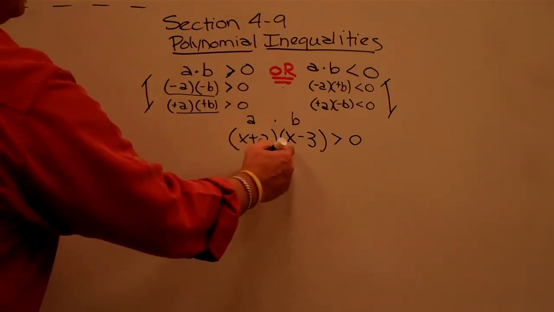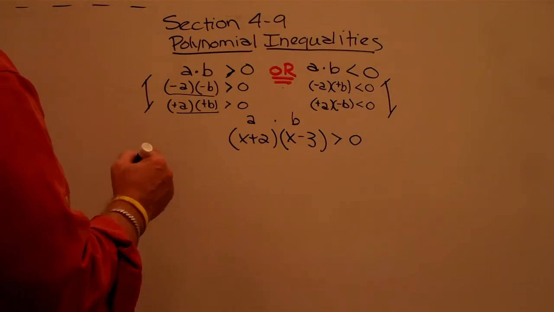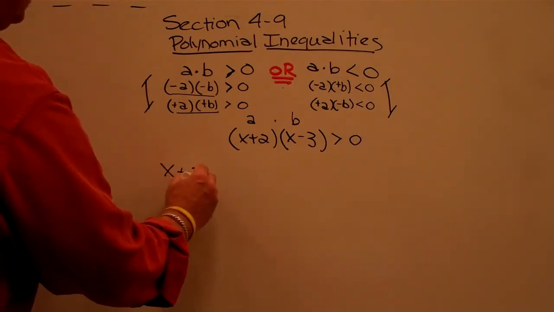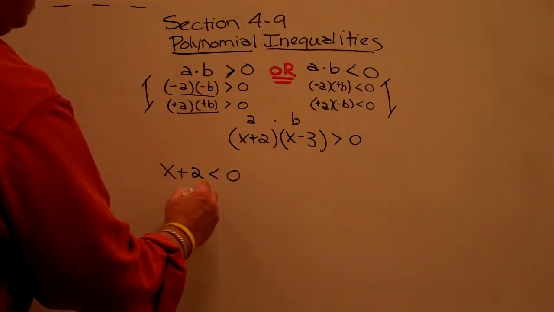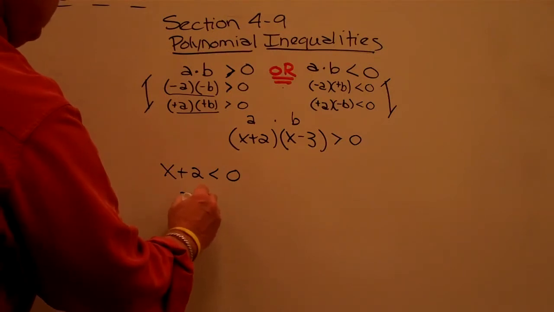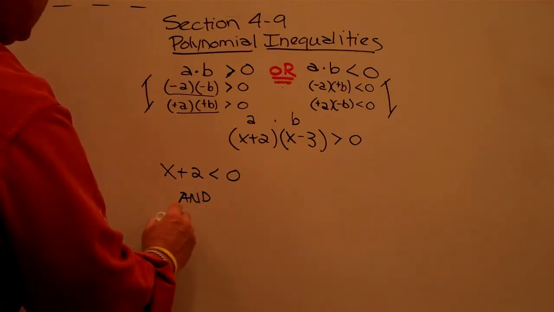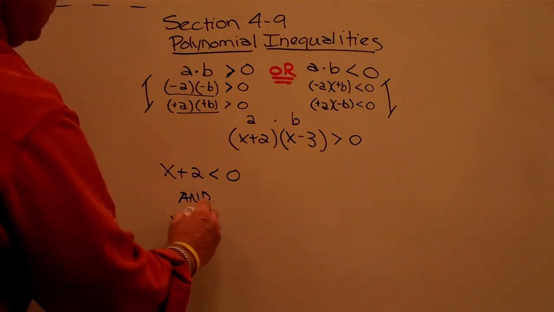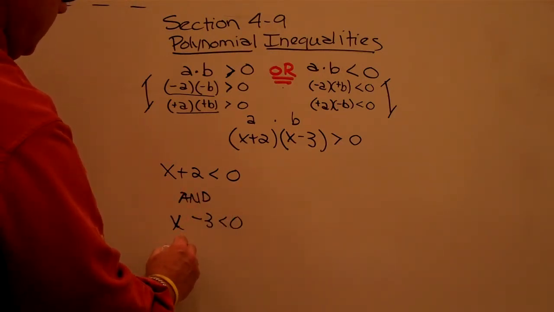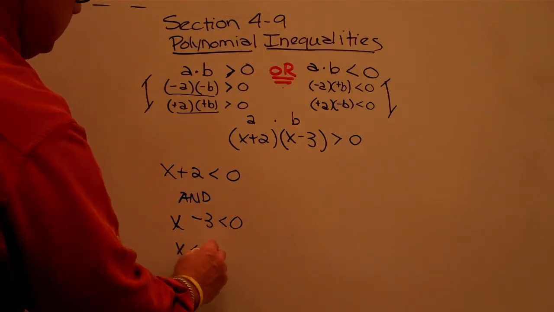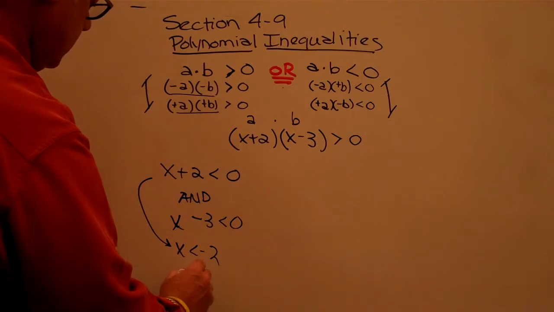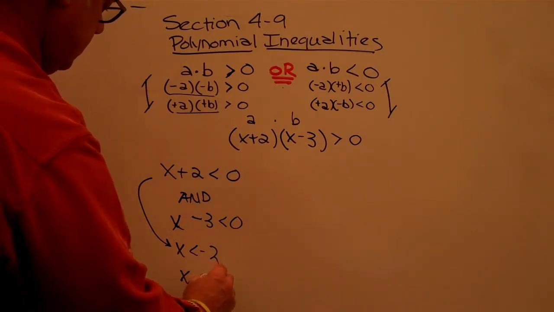It means that both of these could be negative. They could be less than 0. So x plus 2 could be less than 0, and at the same time, x minus 3 is less than 0, in which case we get x is less than negative 2, and x is less than positive 3.